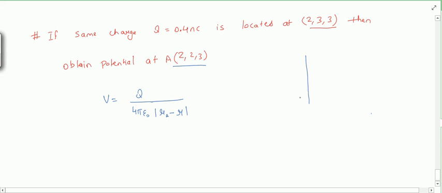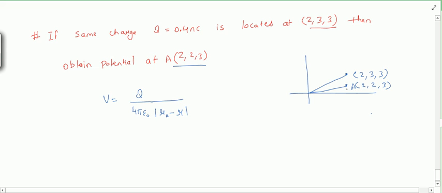So if you think of the coordinate system, here will be my point, my charge is present, which is at 2, 3, 3 location, and somewhere here, or you can understand it is a little below that, at 2, 2, 3 distance, this point A is located.